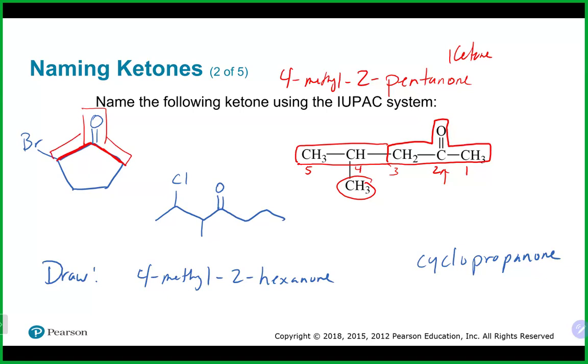This is obviously part of a ring, which actually has 5 carbons on it, right? 1, 2, 3, 4, and 5. So that's going to be based off of cyclopentane. And that's going to give me cyclopentanone in this case.